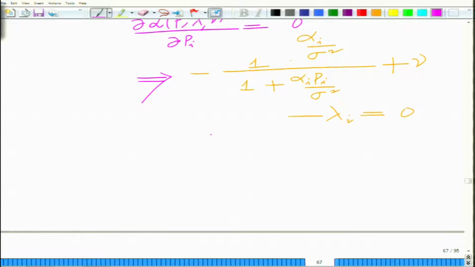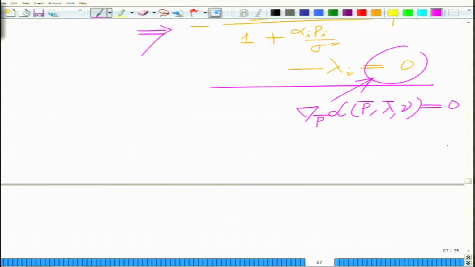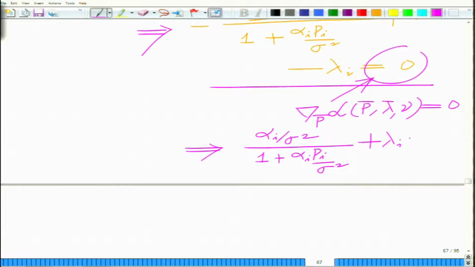This is the key equation. Setting this equal to 0 is the KKT condition, because the gradient of the Lagrangian with respect to p bar has to be equal to 0. This implies that alpha i by sigma square over 1 plus alpha i Pi by sigma square, plus lambda i, equals nu.